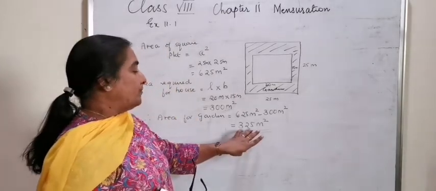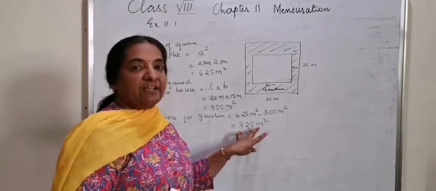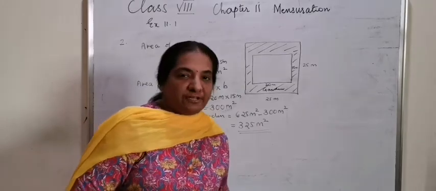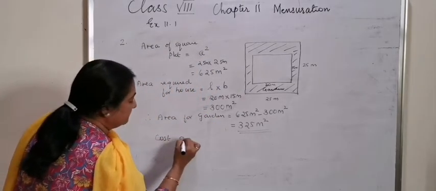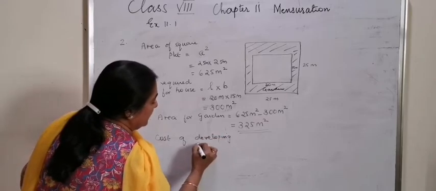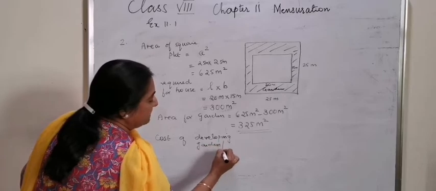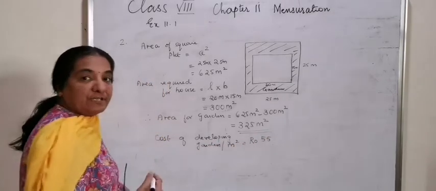So what is the cost for 325 meter square? It is 325 multiplied by 55. Cost of developing garden per meter square is equal to rupees 55.